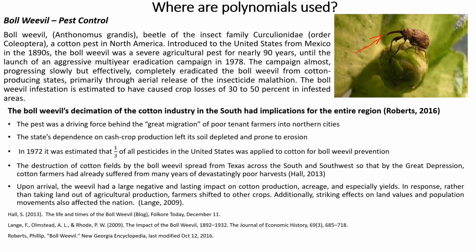It's still green. This actually drove a lot of people, 410 farmers, into northern cities because these crops were being destroyed by the boll weevil. In 1972, they estimated 1/3 of all pesticides were trying to stop the boll weevil itself.